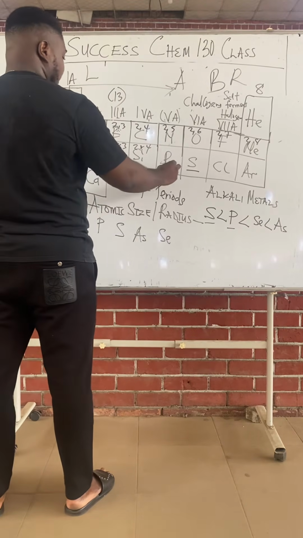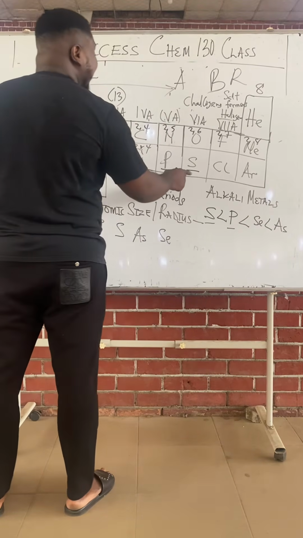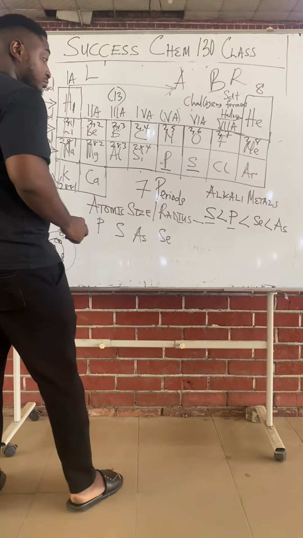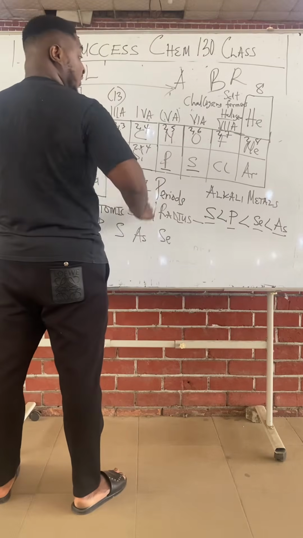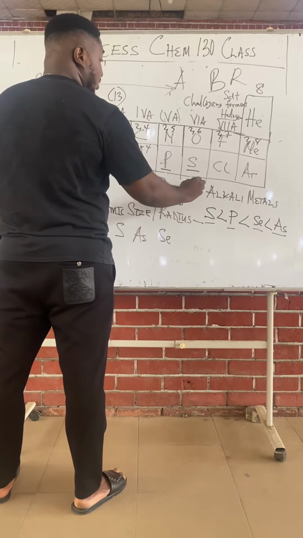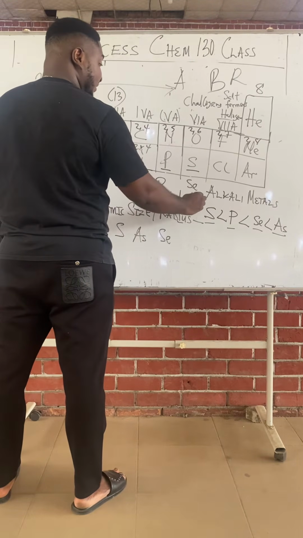Where is phosphorus? Class, selenium and arsenic are all in the same families under sulfur and phosphorus. If you continue this chart, you're going to see this.